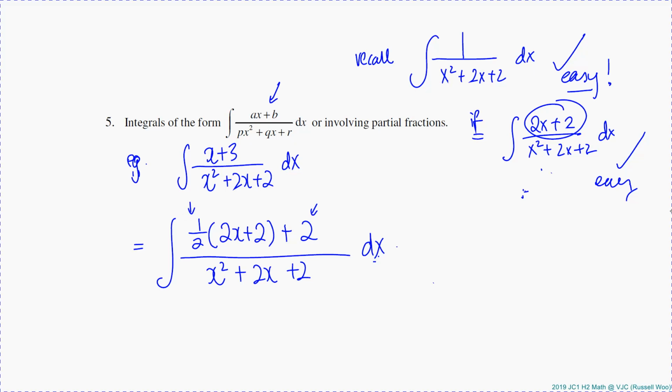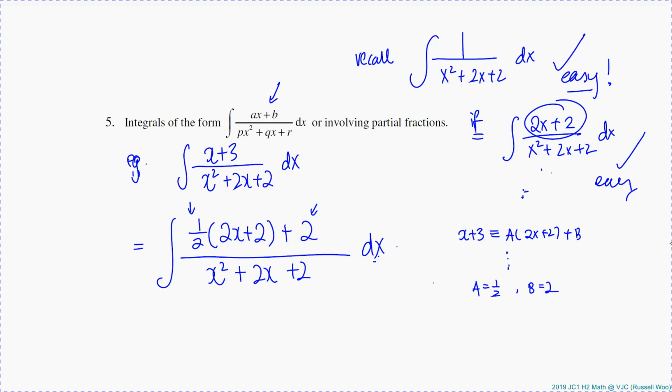You can actually do it slowly, doesn't really matter as long as you get there. The objective is to rewrite x plus 3 equals a times 2x plus 2 plus b. Dot dot dot, you realize that you can find a is half, b is 2, by hook or by crook to get there.